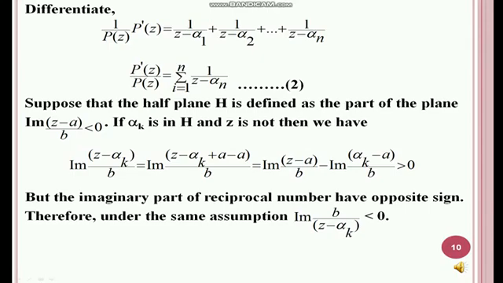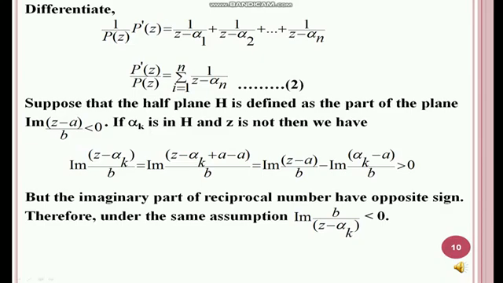p dash of z divided by p of z equal to summation i equal to 1 to n of 1 divided by z minus alpha i. Consider this as equation 2. Suppose that the half plane H is defined as the part of the plane where imaginary part of z minus a divided by b is less than 0. If alpha k is in the half plane H and z is not, then we have imaginary part of z minus alpha k divided by b.